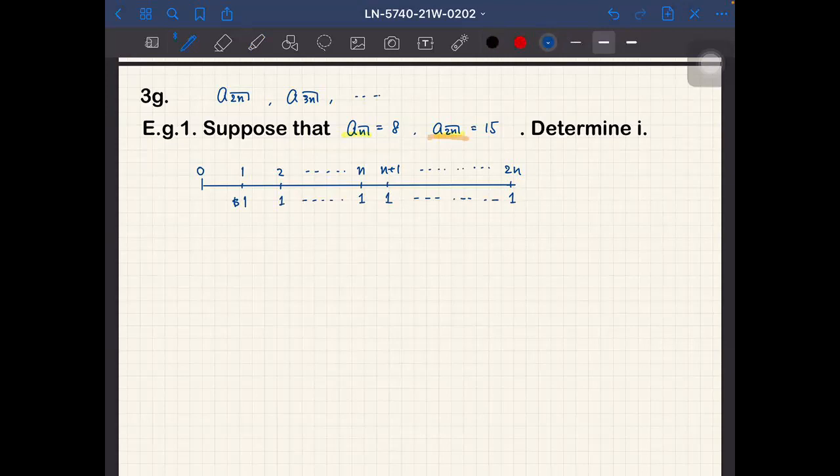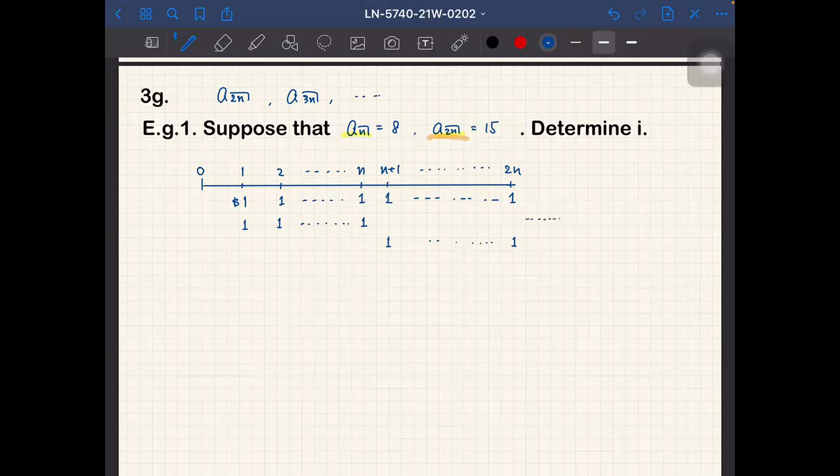And how about a angle n? It is $1 for n years. So the difference is another payment of n years, but starting at n plus 1.